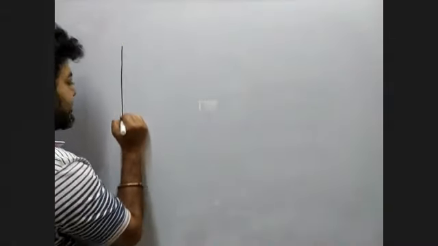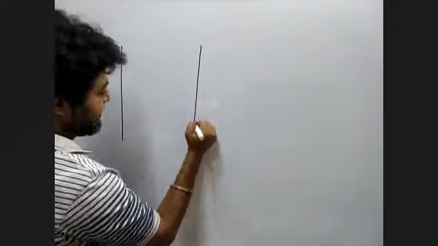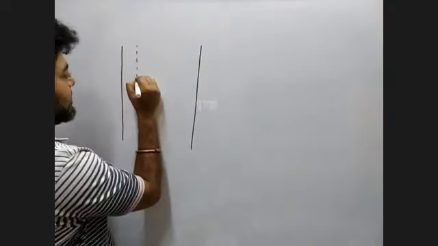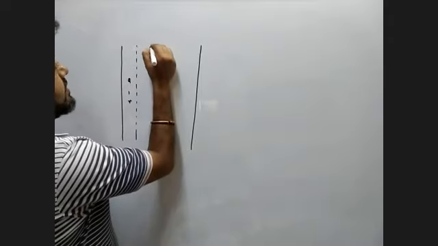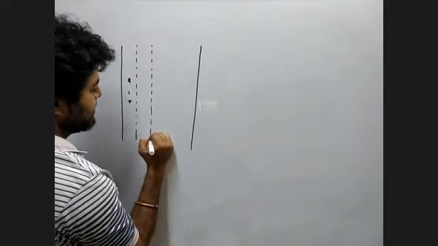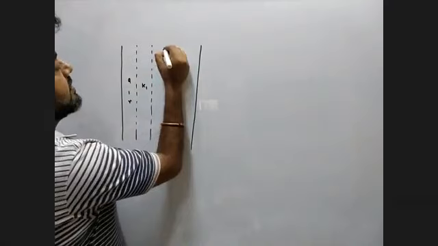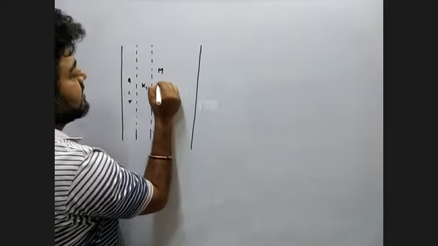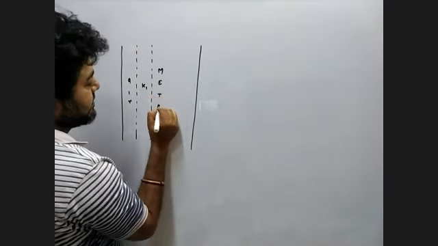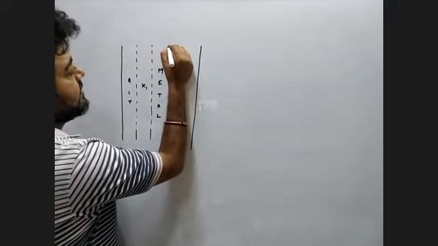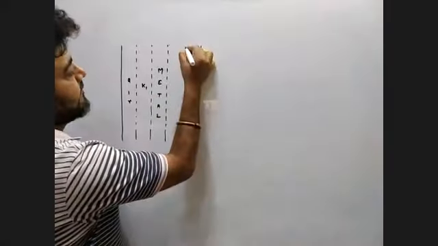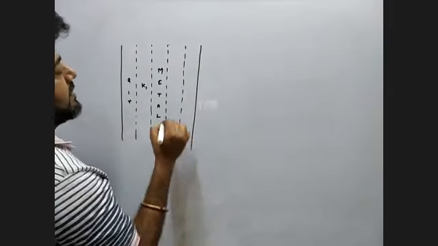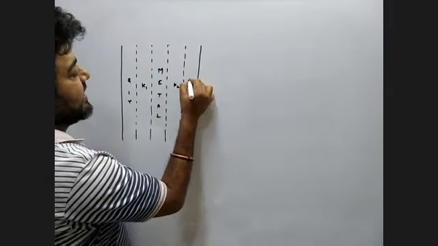Like suppose you have a parallel plate capacitor with air here, then K1, then metal, then K2, and air again here.